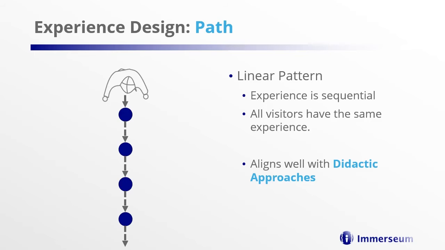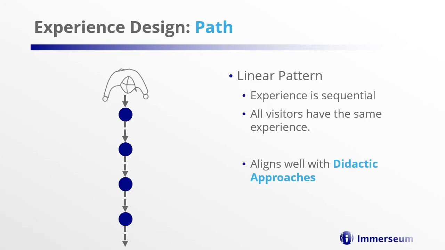How I lay those things out in my scene, the relationship of their positions to my visitor, is also something that matters. It shapes how the visitor explores the scene, how they interact with the content, how they interact with the information that you're presenting to them.